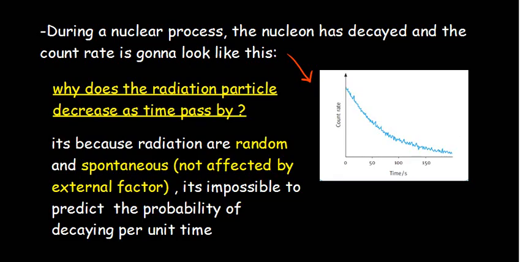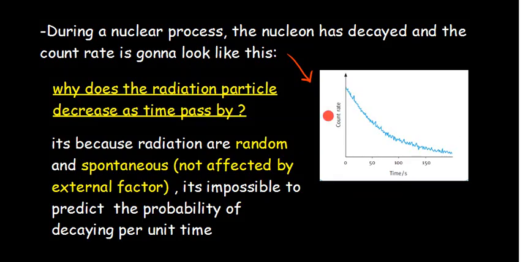Now, take a look at this graph here. During a nuclear process, the nucleus decays, and the count rate is going to look like this. Remember, the count rate measures the number of radiation particles. So you can see here, the radiation particles are decreasing.